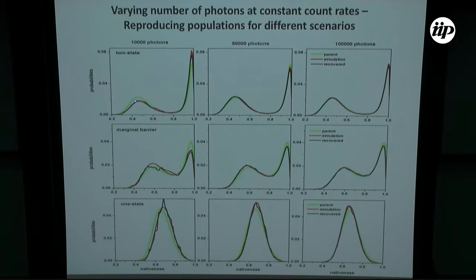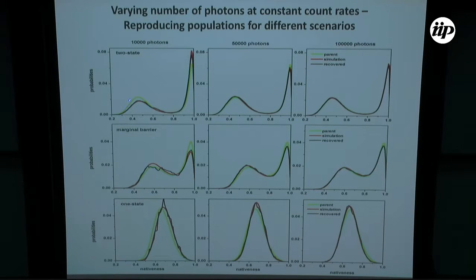For example, here, this is for the two-state scenario, for the marginal barrier, and for the one-state. And what we are checking here is how many photons we need in order to get a good determination of this. So what you can see here is that when you use only 10,000 photons, which is still many trajectories together, you don't get a great agreement.